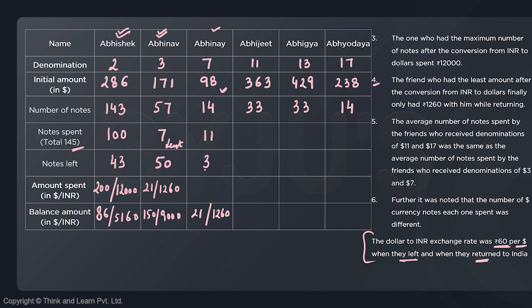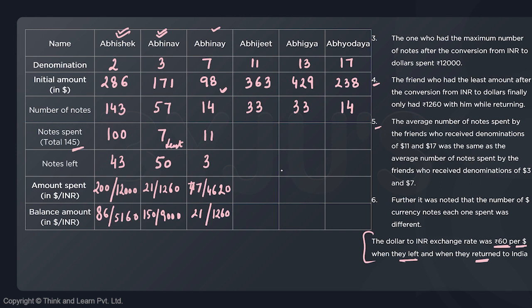That means the notes he is left with is 3. He had 14 notes and is left with 3, which means he has spent 11 notes. So I can say he has spent $77, and those $77 amount to how many rupees? 6 sevens are 42 plus 4, so 4620 rupees is the amount spent by Abhinay.